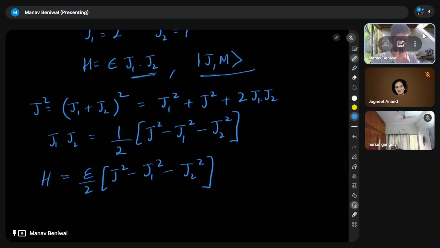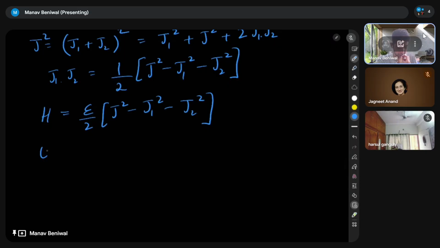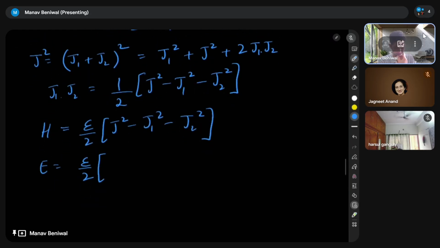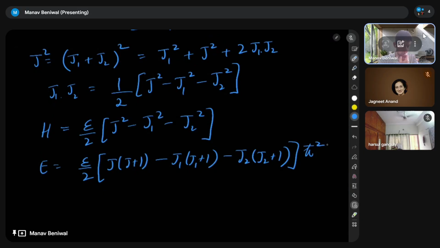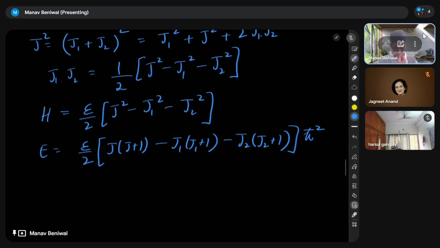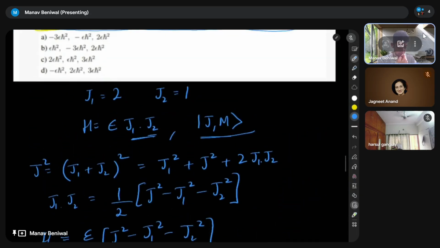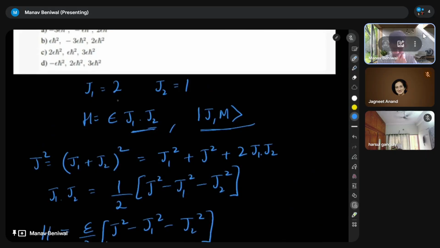Now using Schrodinger's equation, H psi equals E psi, our energy eigenvalues will be epsilon by 2, and when this j squared acts on our state, the j comma m state, we will get j times j plus 1, j1 times j1 plus 1, and j2 times j2 plus 1, with an h cut squared coming from all of these terms. Now j1 is 2 and j2 is 1.